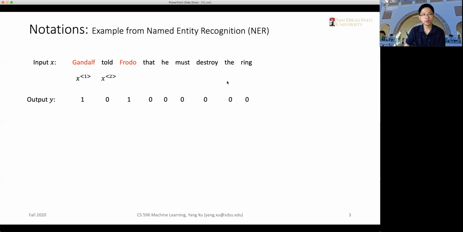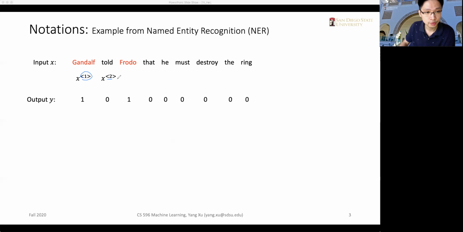So now let's represent the input data with X and, more importantly, the superscripts in these angle brackets. This 1 in the superscript means that this is the first time step in the inputs.